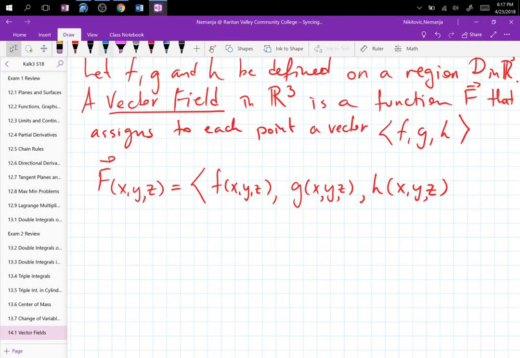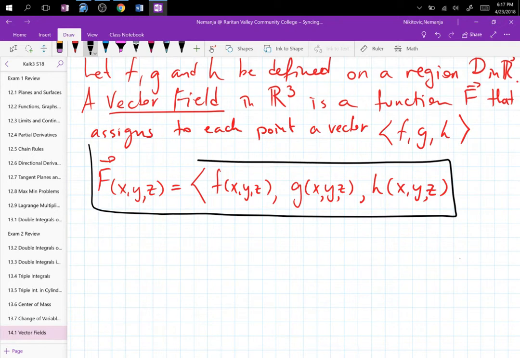There we go. Now there's also an equivalent form, the one with all the ijk. I'm going to write it, and you can use it if you like it better than the vector notation.